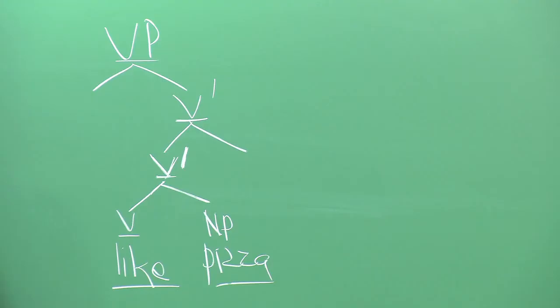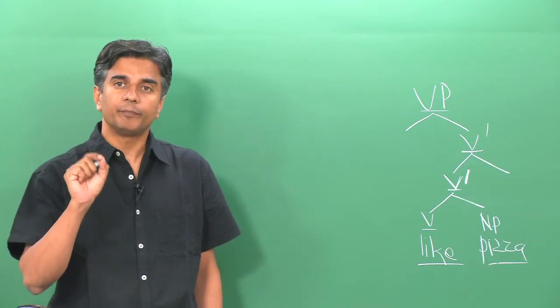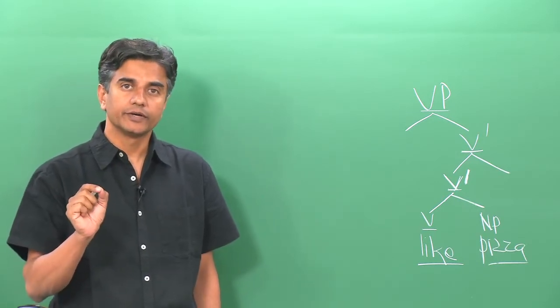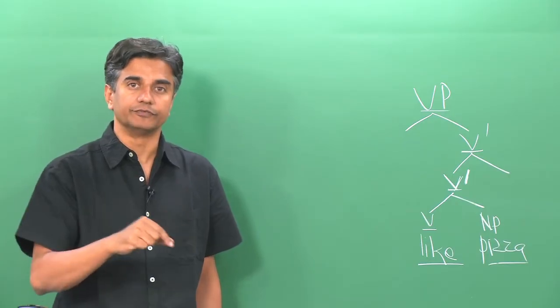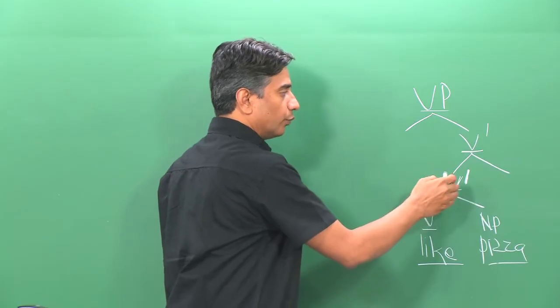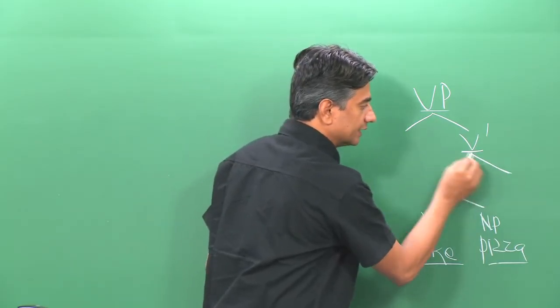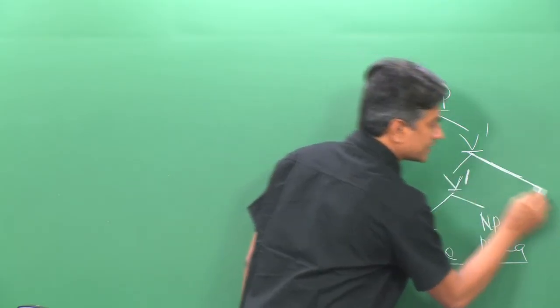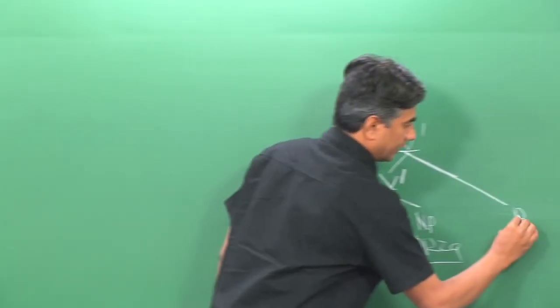Therefore, this phrase is part of the whole VP. We only need a space for this phrase within the VP, and with two of them we are only trying to create this space for a PP.